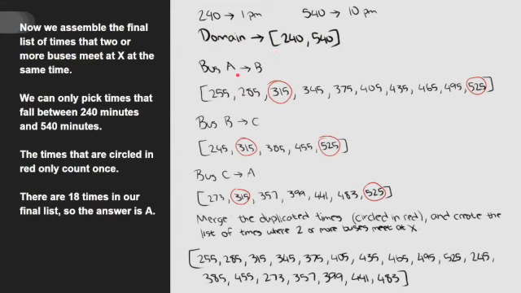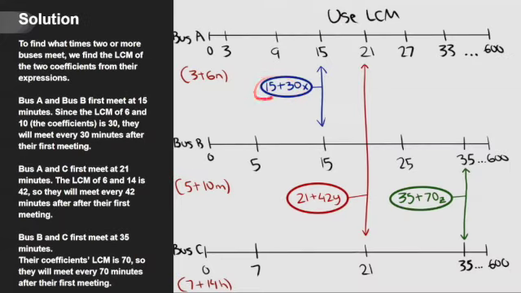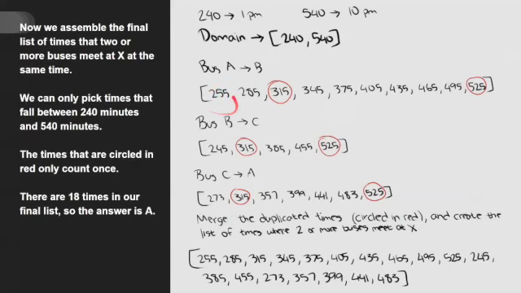So then bus A and bus B, according to this expression right here, their meeting times are 255, 285, 315, 345, 375, and so on.